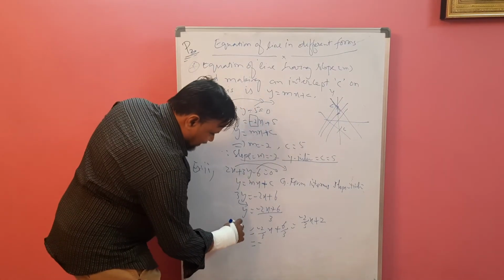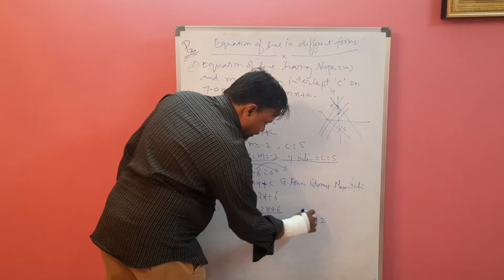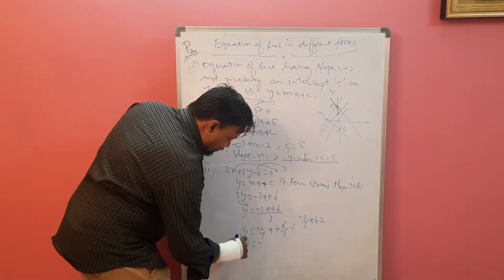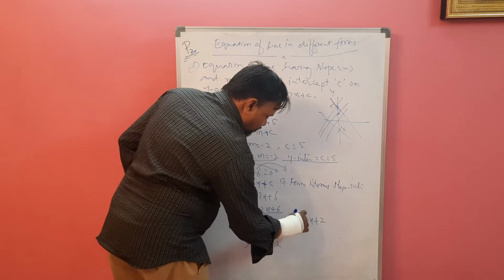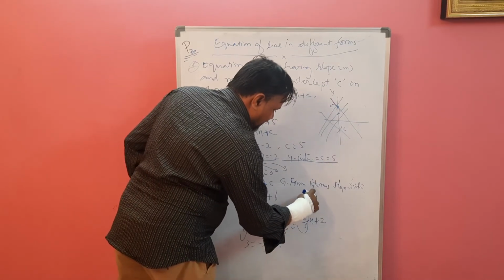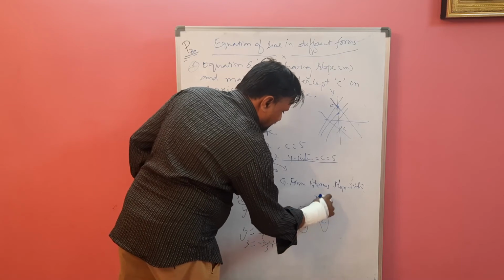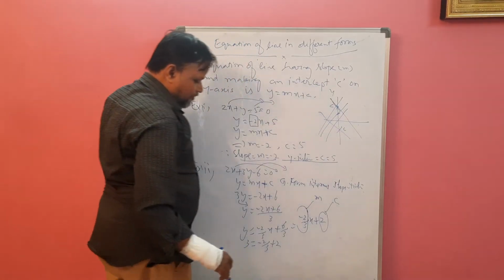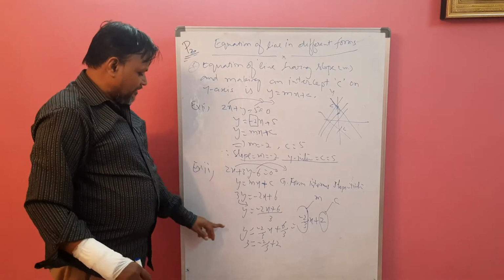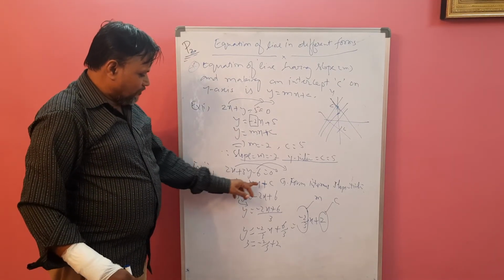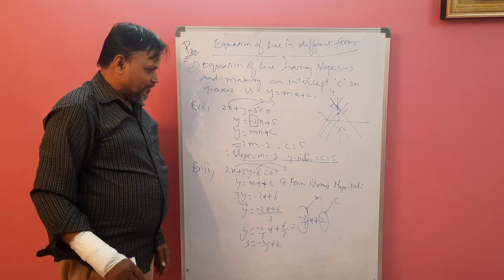Now see, this is y equal to mx plus c form. Y equal to minus 2 by 3 x plus 2. So m is what? This is our m, the slope. This is our c, the y-intercept. Simply we can change this equation into this form and we can find the slope and y-intercept. Okay.